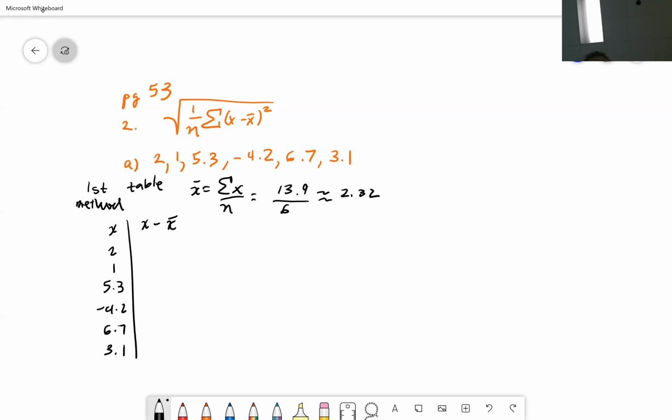So this here, 2 minus the mean, is -0.316. If you want to do that, then you put the little line over it.